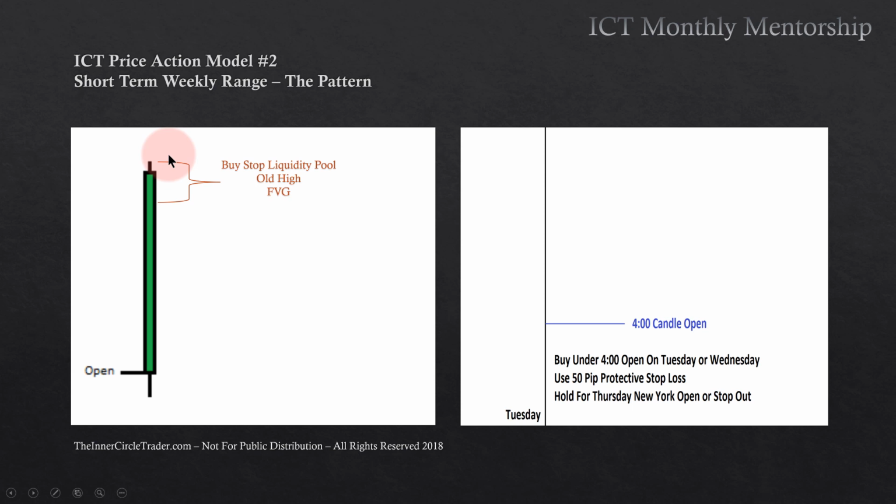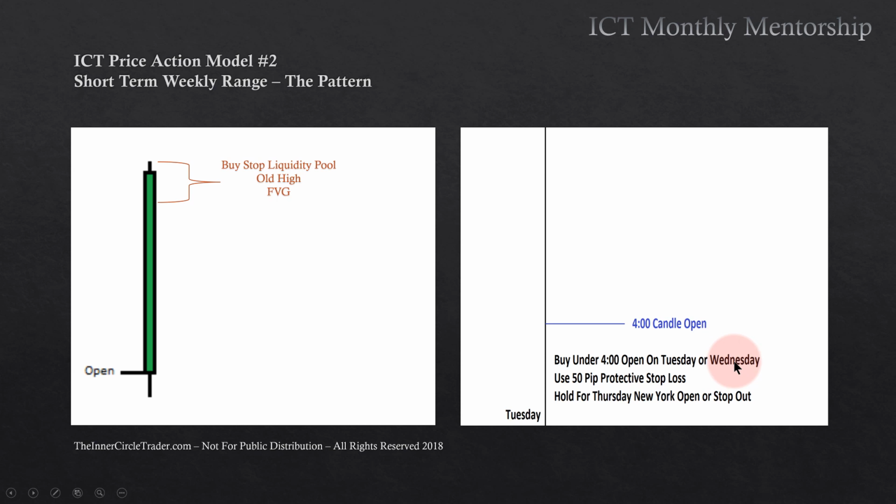So when price trades up into the objective that maybe we've been following for a while, what happens when we hit that target? Are we done trading? No. We want to look for signatures that would allow us to go short, especially if it is a monthly or weekly premium array. So we abandon the buy under 400 opening price on Tuesday or Wednesday using a 50 pip stop loss, holding for Thursday's New York Open or stop out.